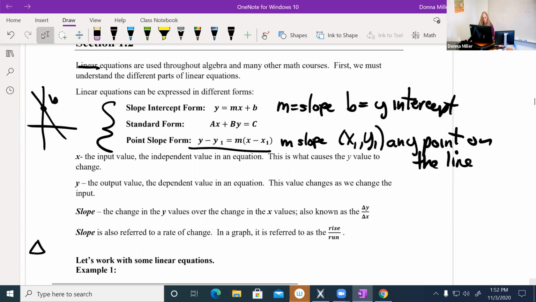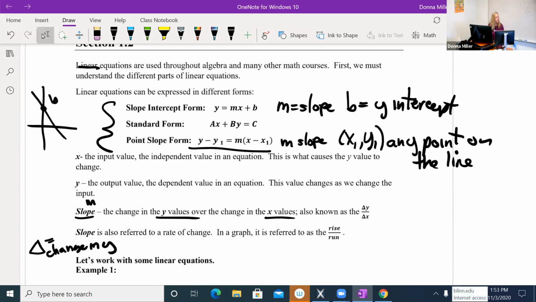Okay, so slope is m. It's a change in y over the change in x. That term delta means change in. It's a measure of how fast y is changing as x changes. So it's delta y over delta x.